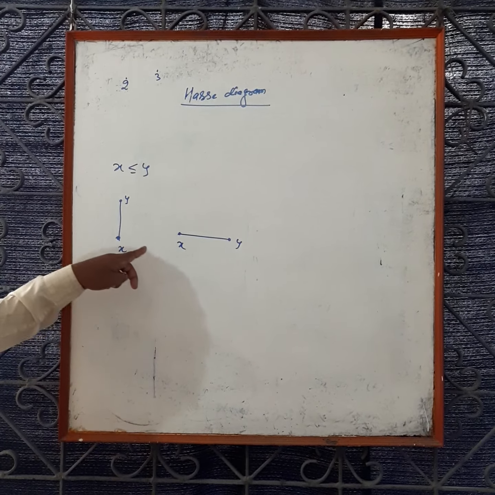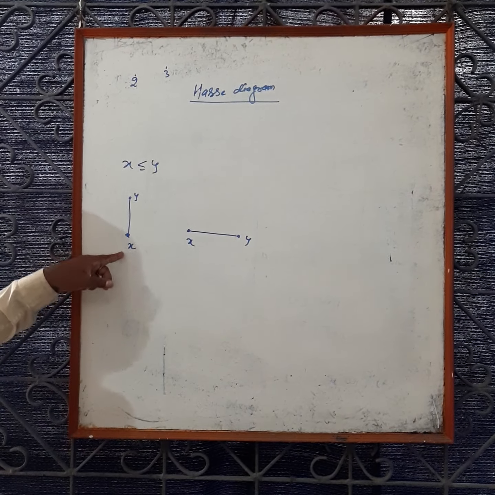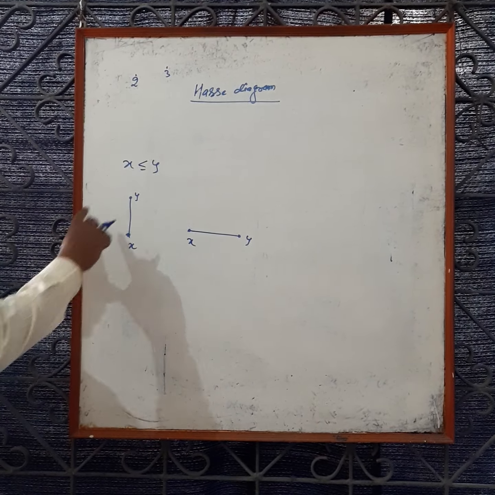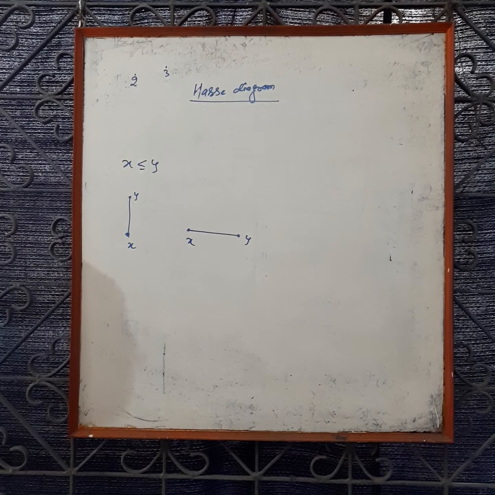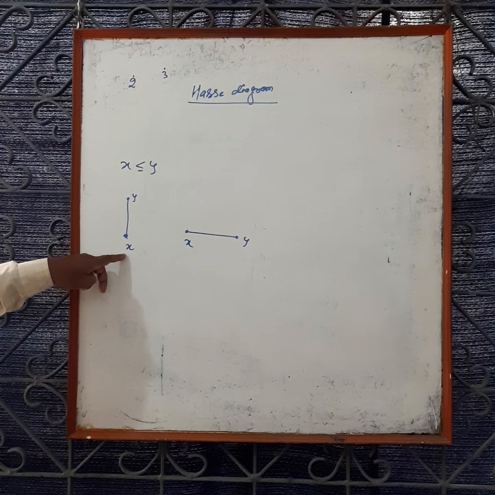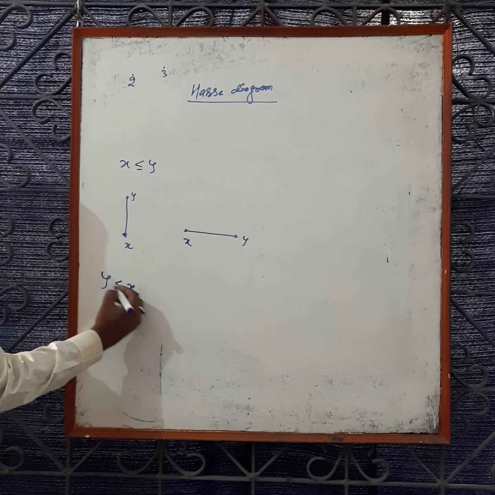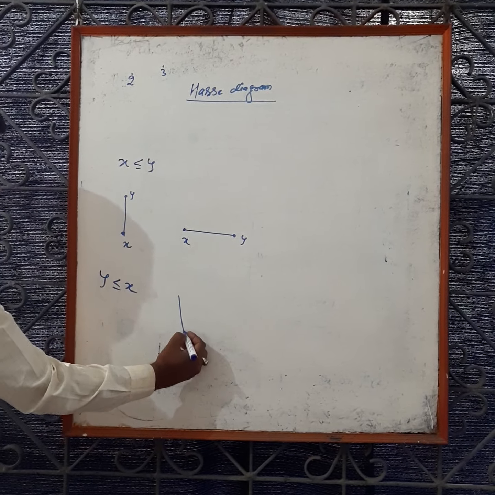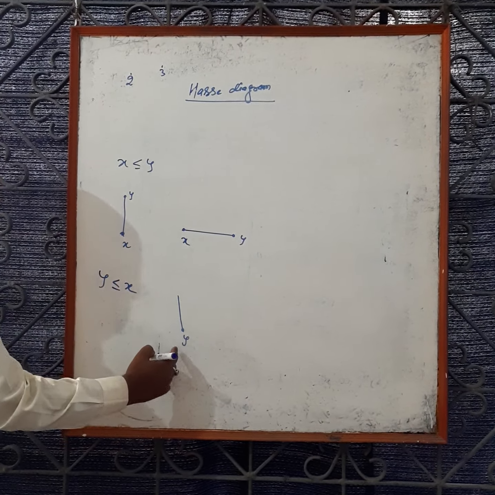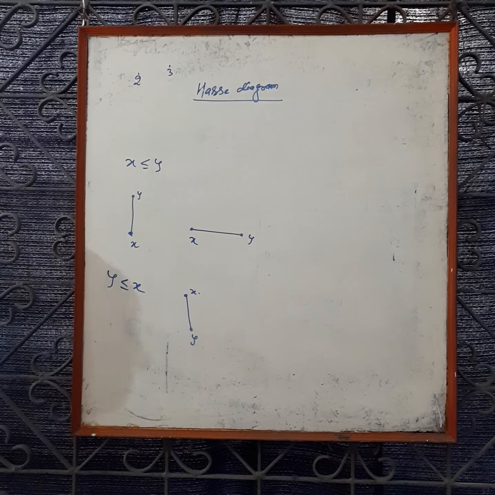Here in the Hasse diagram, we represent the given relation. One element is related to another element by the level of the elements. x less than y means x is below y. If y is related to x, y less than or equal to x, then we draw the diagram with the position of y below and the position of x above.